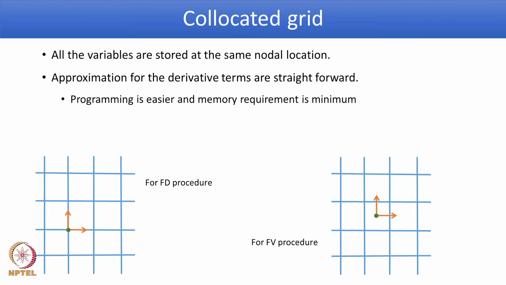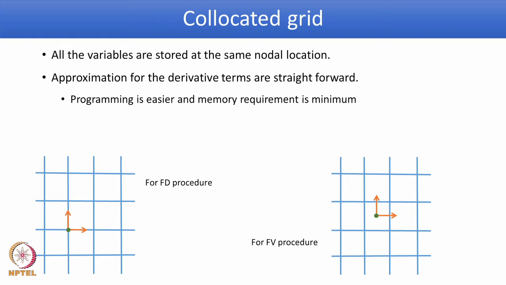In this case, as you can see here, you are defining only one grid, and the grid is the same for both u as well as pressure. Hence, getting a derivative difference formula is easier. The same coding can be used just by changing the variable from velocity to pressure. You can obtain the first derivative, say ∂u/∂x and ∂p/∂x, much more easily.